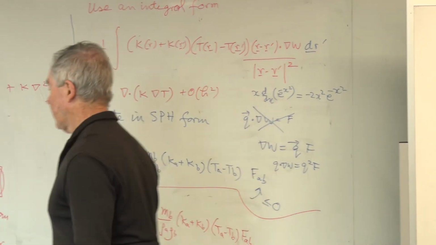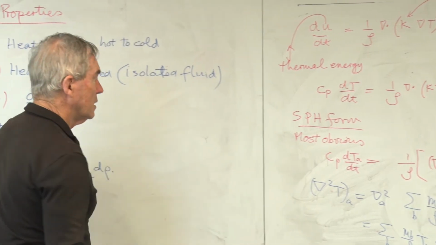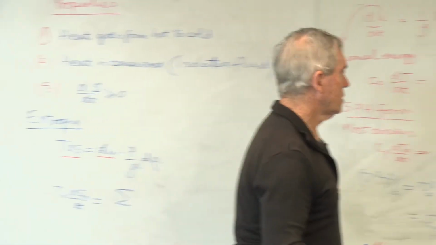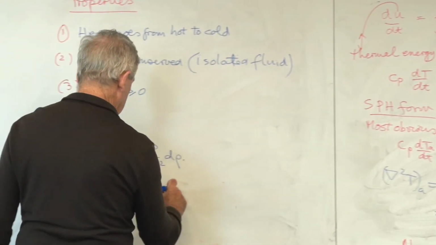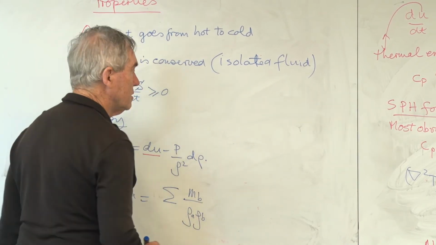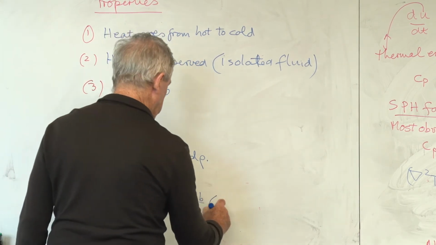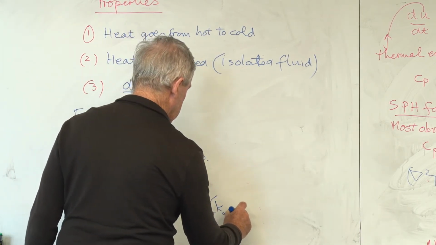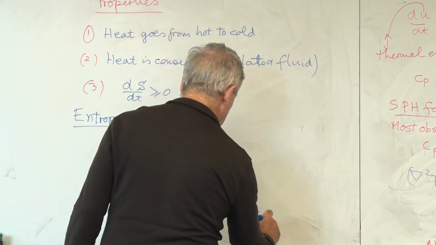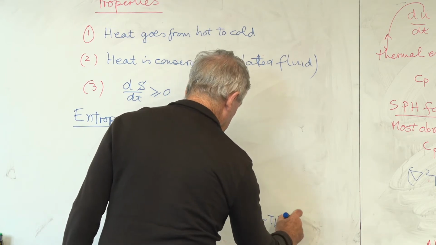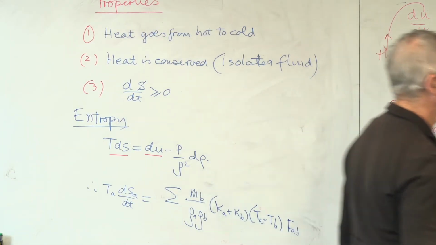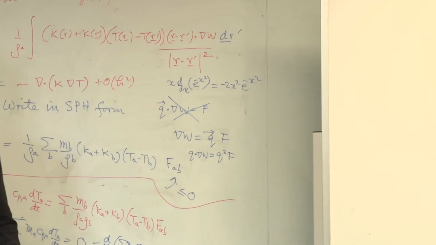I've got rho A, rho MB, rho A, rho B, TA minus TB, and then this quantity FAB, which is negative and is associated with the gradient of the kernel in this way.